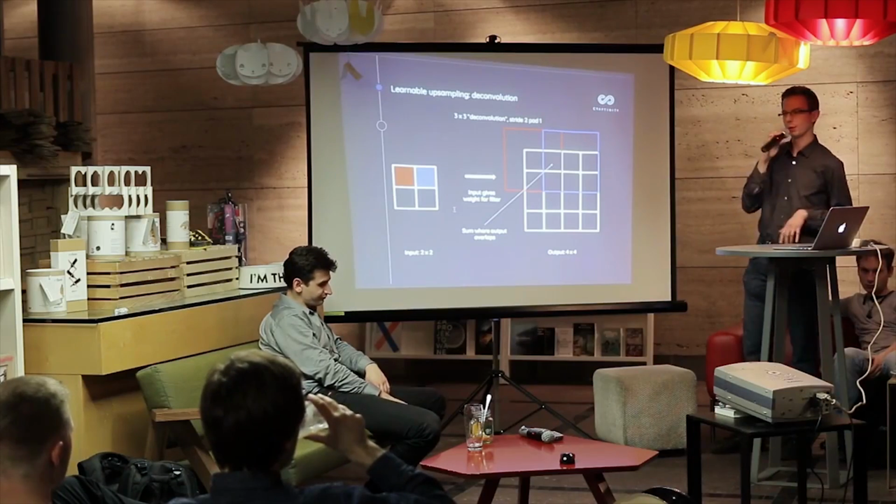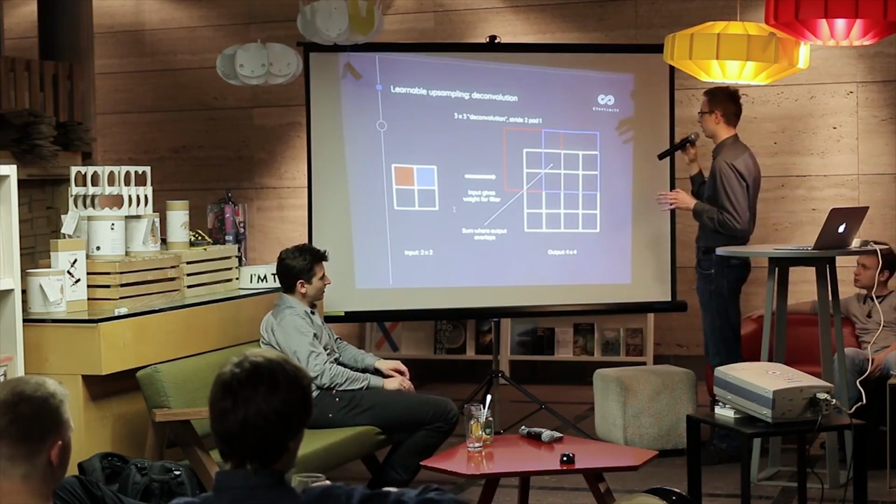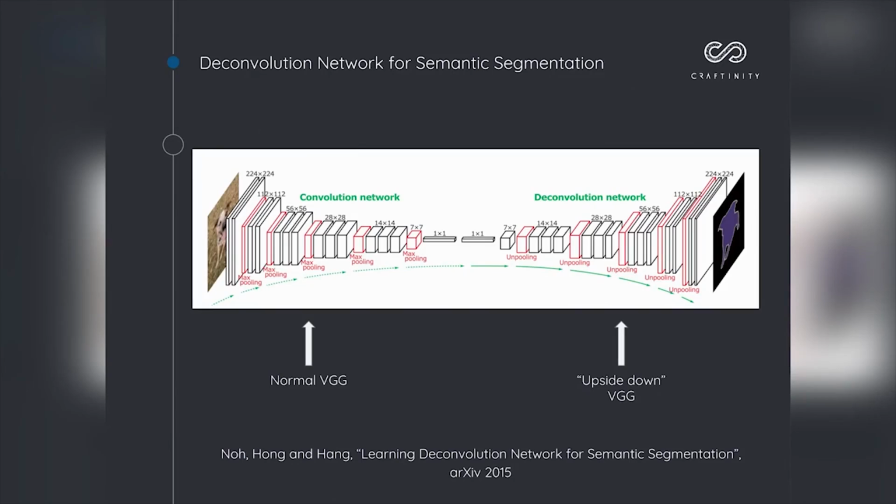So here we have just one deconvolution, and there was this paper some time ago: do we really need deep nets? And yeah, we do. So do we really need many deconvolutions, one may ask? And yes, we do. It works much better when we have many deconvolutions.